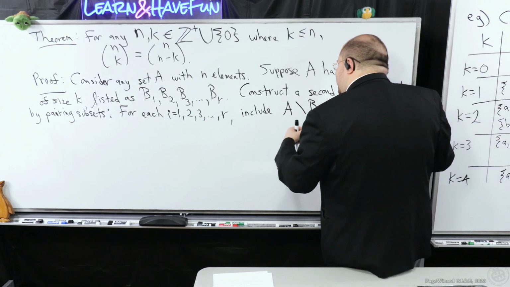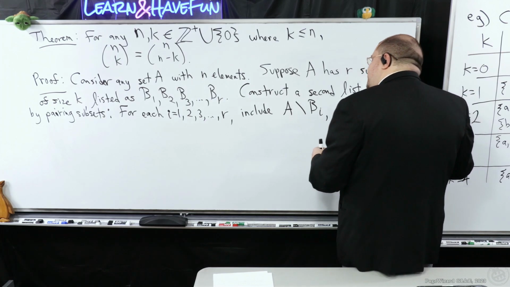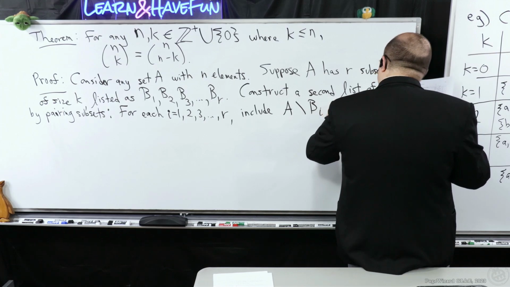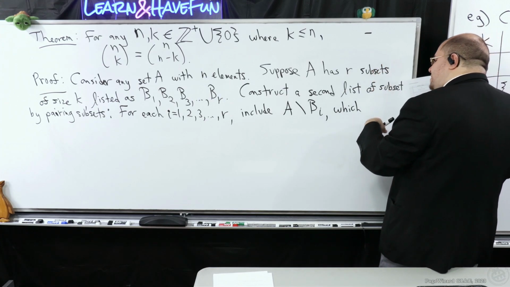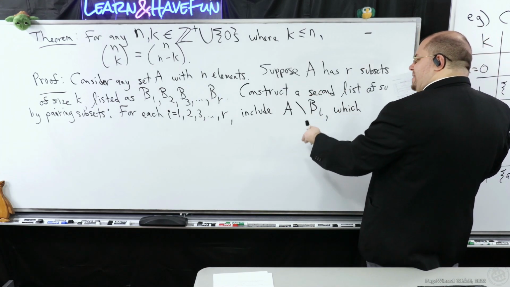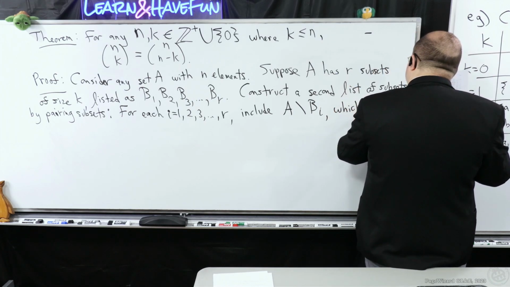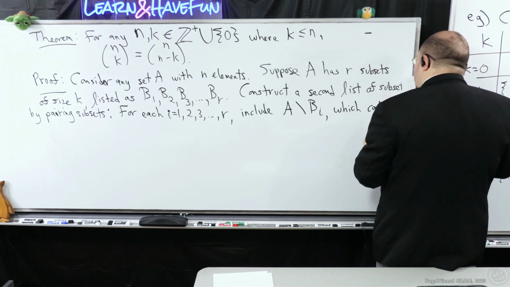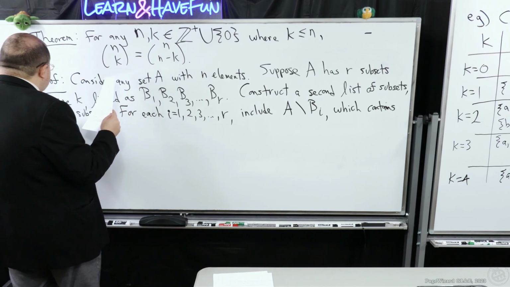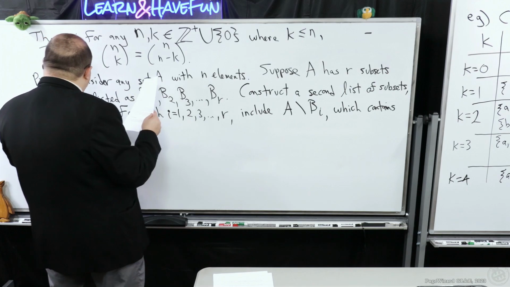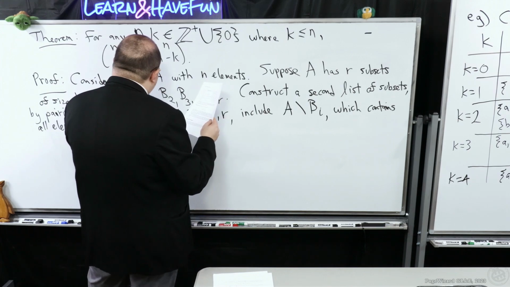I'm taking out all the elements in Bi that would be in A. For those who have not seen this notation before, sometimes people write the set difference as a minus, on two sets technically speaking, which contains all elements of A not in Bi.